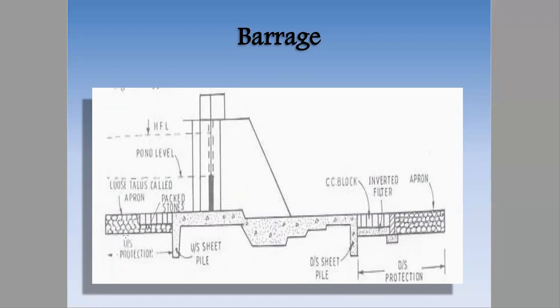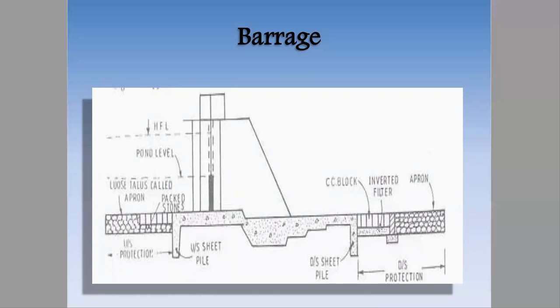This is the apron, and this is stone packed. Here you can clearly see the upstream sheet pile and the downstream sheet pile. There is also an apron, and there is a provision of inverted filters. We have already seen about them.